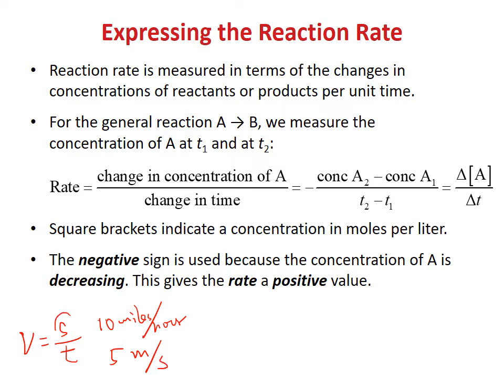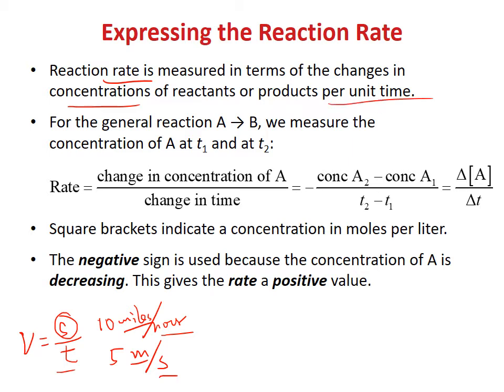So the distance is miles or meters, and the time is per hour or seconds. So you run 5 meters every second. That's speed. In a chemical reaction, the reaction rate is measured in terms of change in concentration of reactants or product per unit of time.